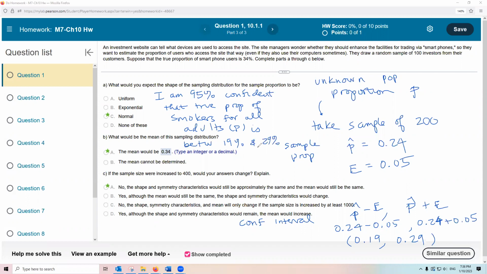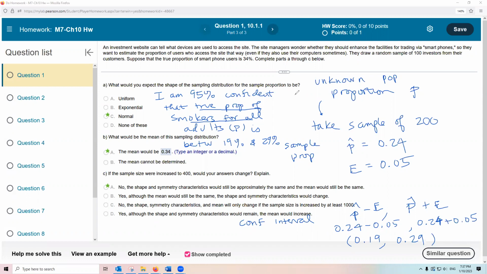So what this confidence interval does is it allows me to take sample data and use that sample data to make a statement about the population proportion. So the final statement you always make with a confidence interval is a statement about the population proportion. So I'm saying the true proportion of all smokers, that's the population proportion.